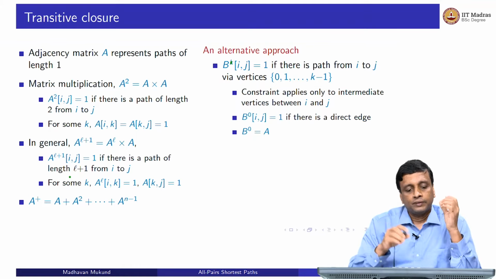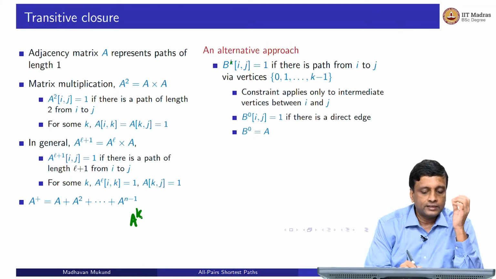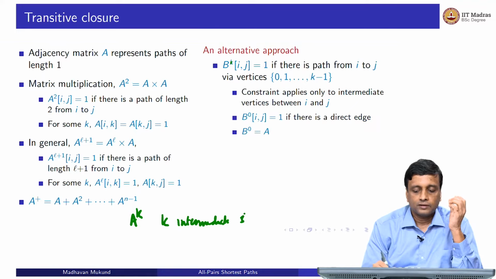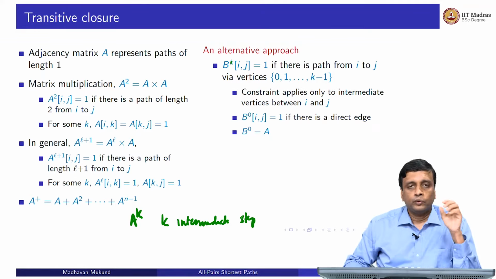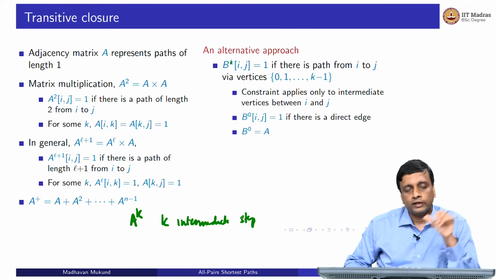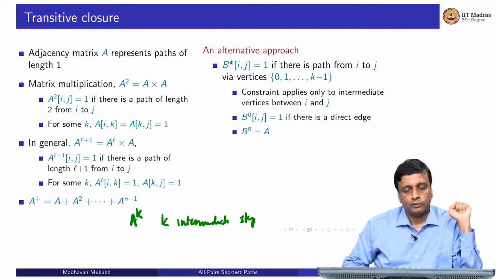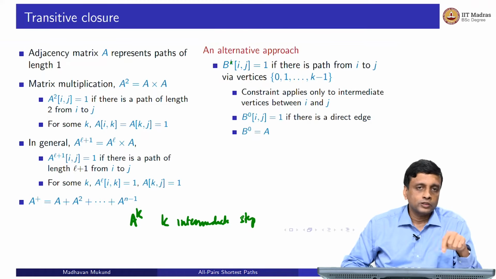I was saying that if I look at A to the power k, it is saying that there are k intermediate steps, right. So, I go from A to A1 to A2, A2 to A3 and so on. I do this k times and I will get, so if I do it one time I have A, if I do it 2 times I have A squared, if I do it k times I have A to the power k. So, the superscript, the power of k in this transitive closure computation captures the length of the path.